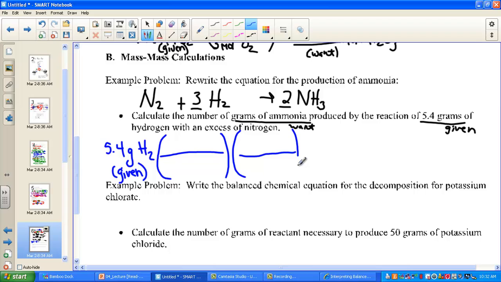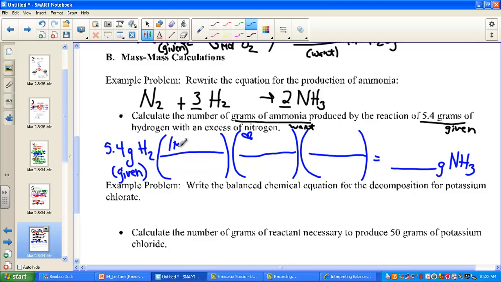I know I'll have a step 1, a step 2, a step 3, where we divide, we ratio, we multiply, to our desired calculated quantity, grams of NH3, where the heart of our problem is the want over given stoichiometric mole ratio, those coefficients.